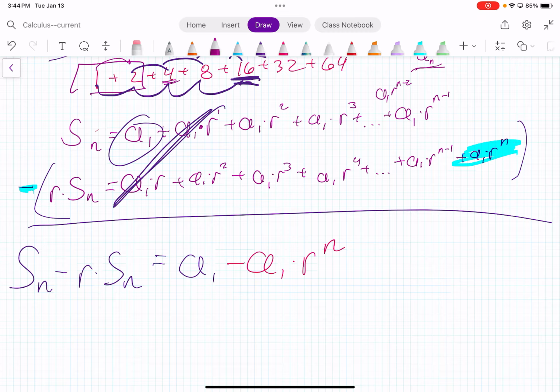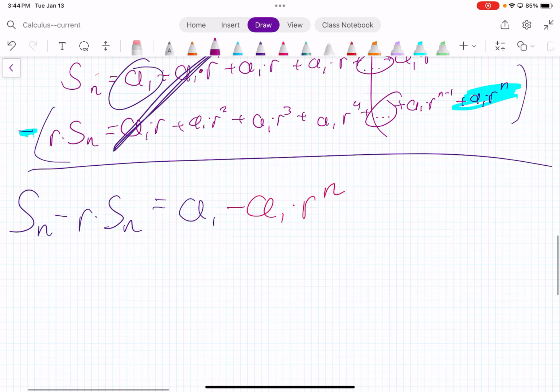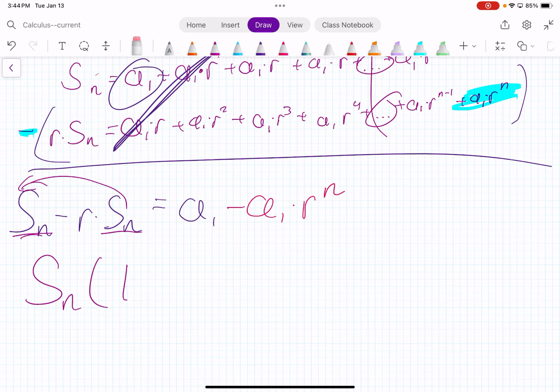Okay, that's nice, because notice that everything in the dot, dot, dot is now gone, right? So, S sub n, we could factor that out. And so if I factor that out, I would have a 1 minus r. And over here, we could factor out an a sub 1.